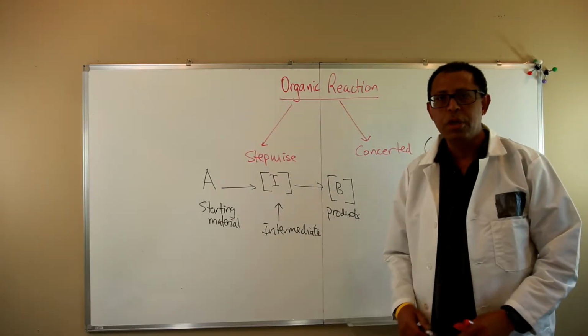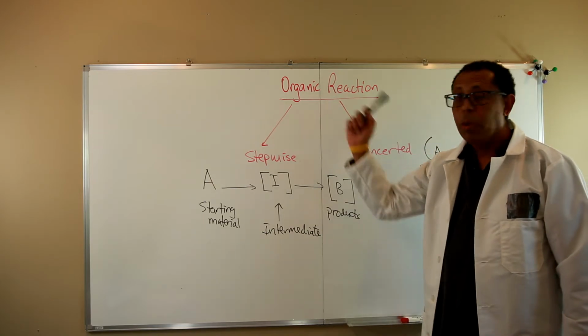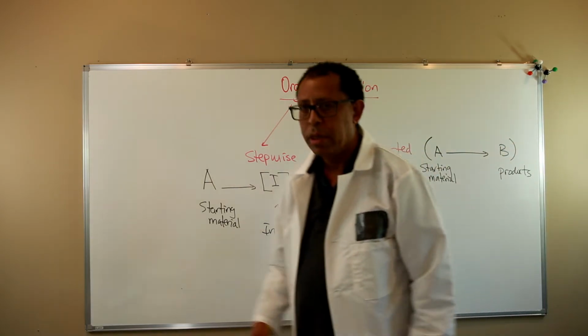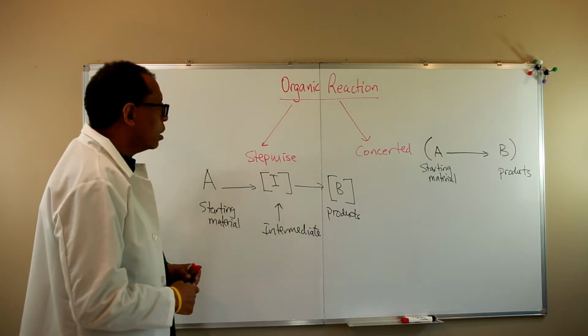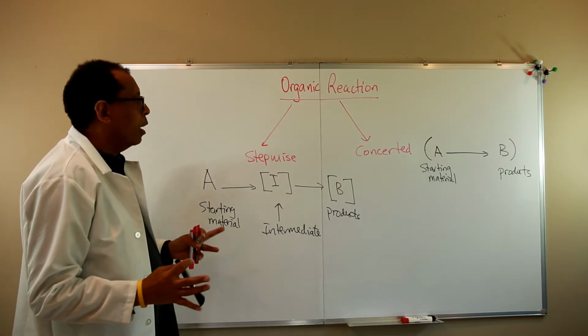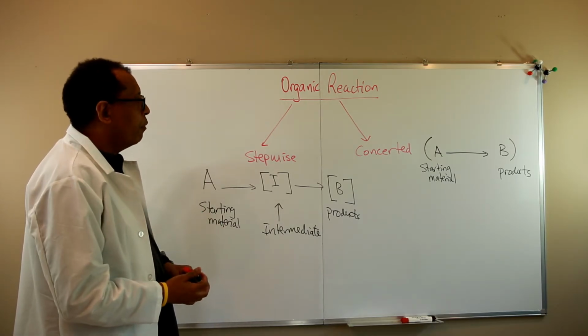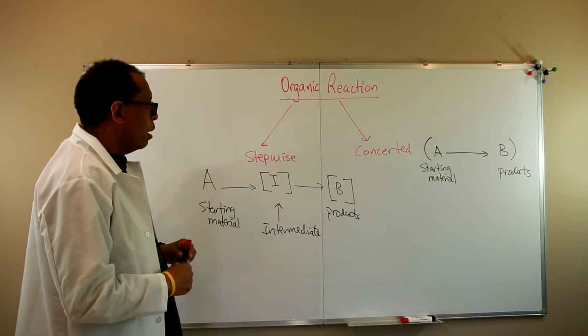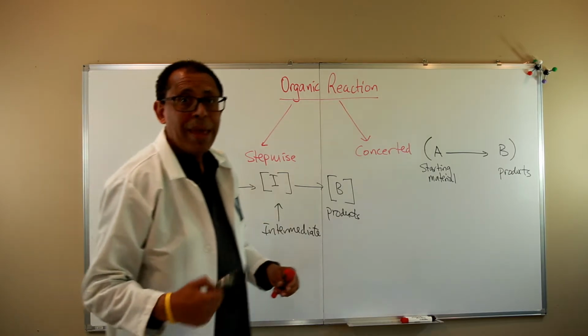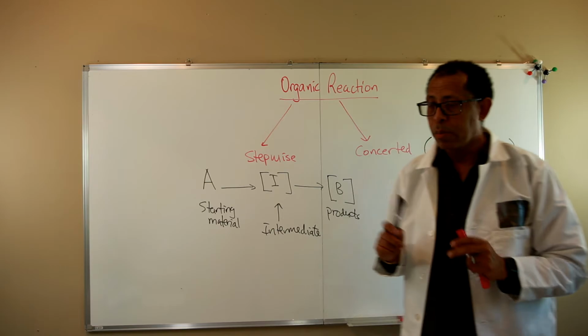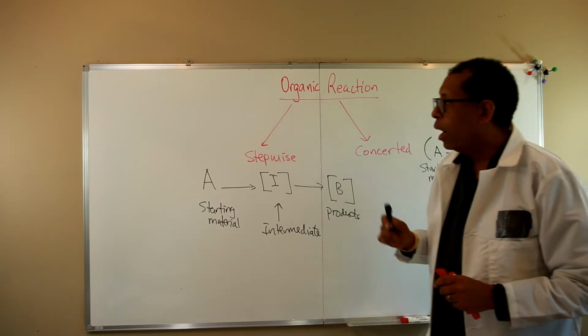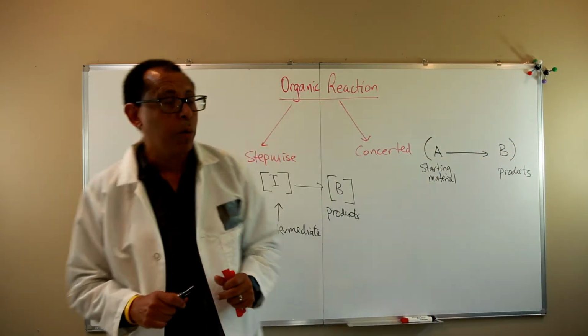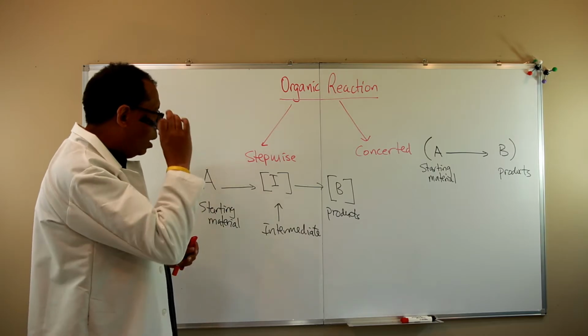Continuing our discussion on organic reactions, at least in a broader sense, let's classify the types of organic reaction in general based on the mechanism of the reaction. Remember, mechanism is an important keyword for organic reactions.